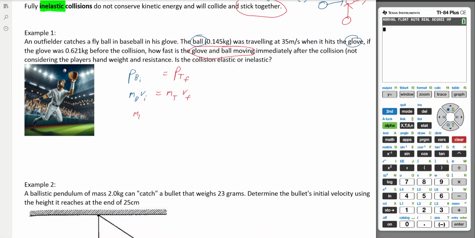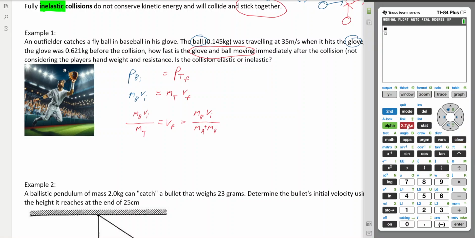So we're going to have m_B v_i over m_T equals v_f, or another way to write that is m_B v_i over m_G plus m_B, not multiplying.